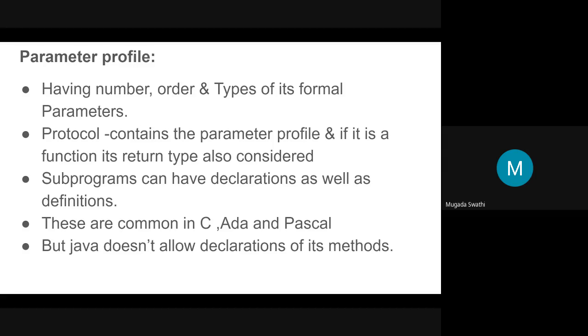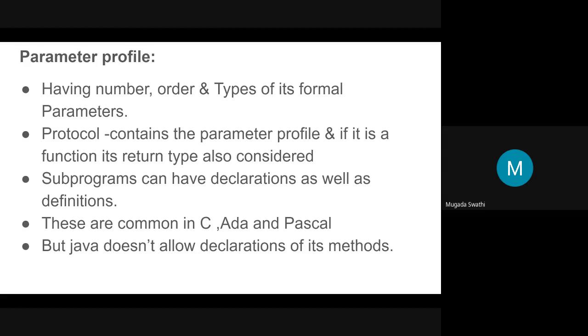So in parameter profile, the important points to be discussed are the parameters will have a number, order, and types. So the number of parameters, the order is very important because the control will try to identify the order in which the data types are specified, whether the int float char or int float or float int, whatever.